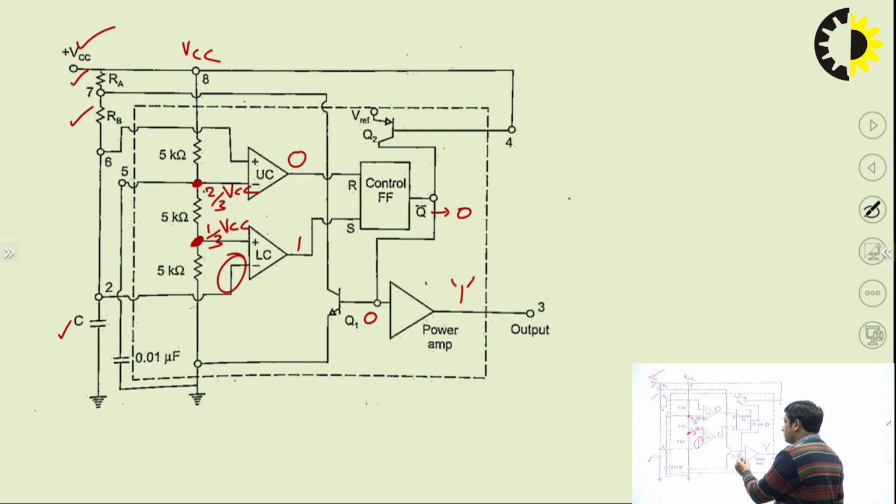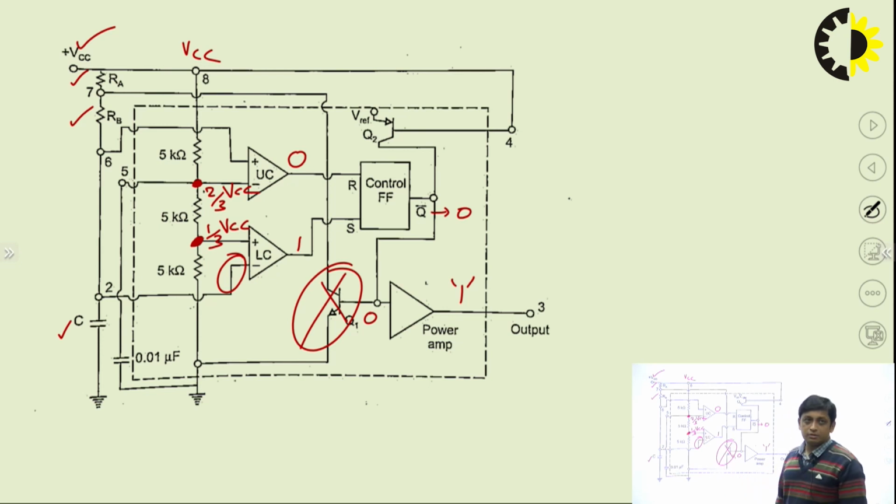Since 0 is at the base of the Q1 transistor, and Q1 is an NPN transistor, Q1 will be off, right? So this capacitor keeps charging with the help of resistors RA and RB.